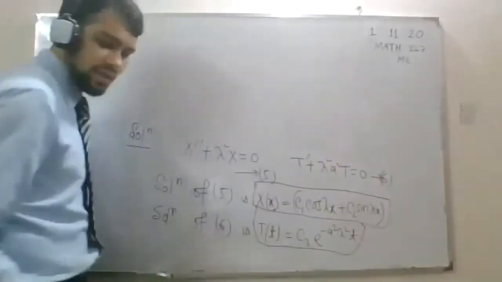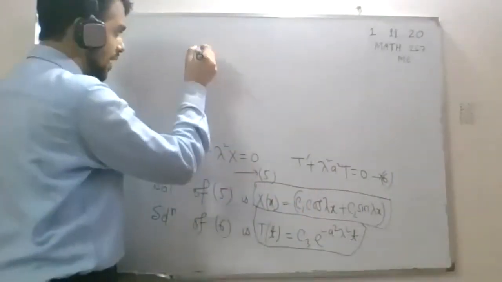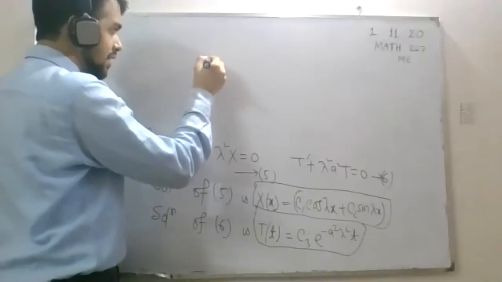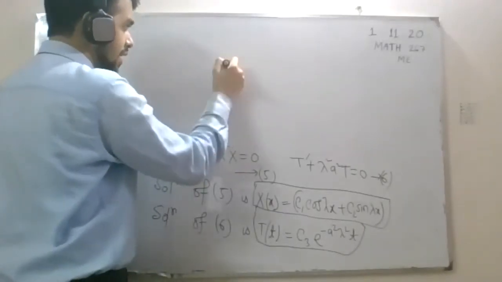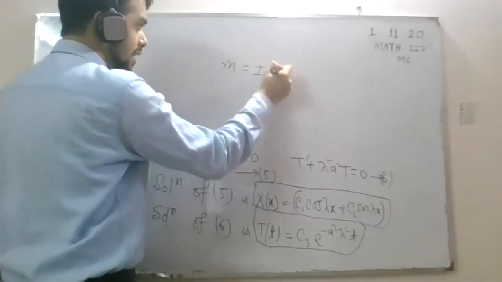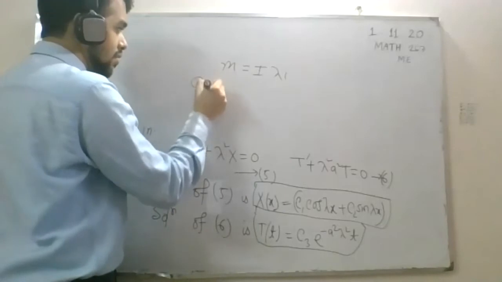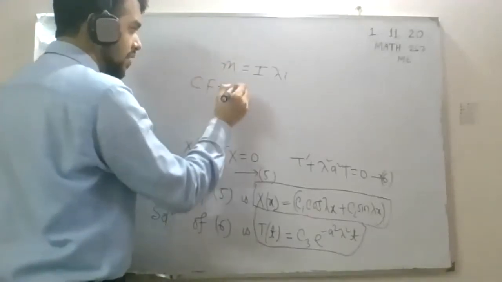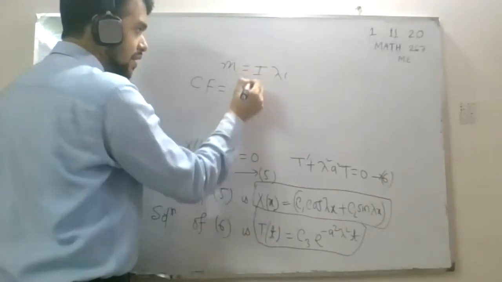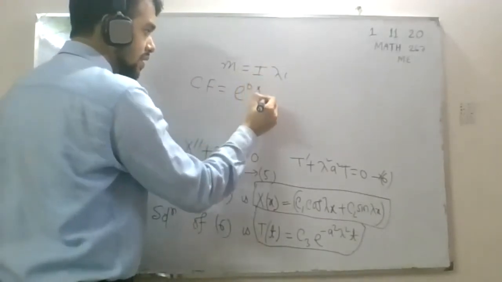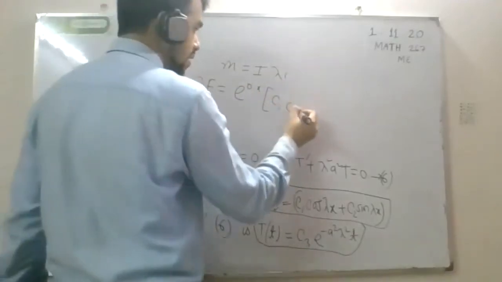Okay, so here is your equation x double prime plus lambda square x equals 0. Here the roots are m equals to plus minus lambda i, and you can write where the complementary function will be e to the power ax. So here a equals to 0, and after that c1 cos bx.